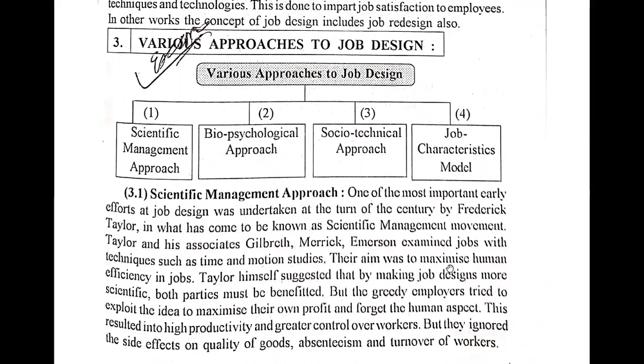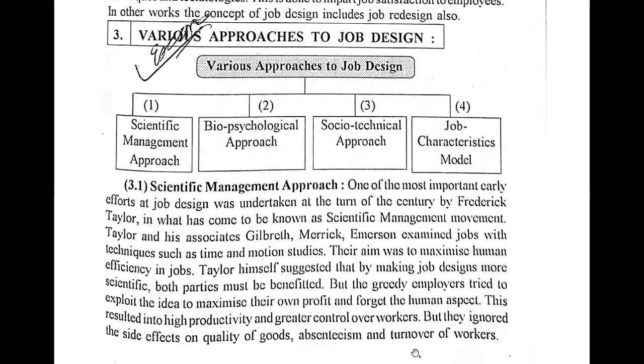Their aim was to maximize human efficiency in the job. Taylor himself suggested that by making job design more scientific, both parties would benefit. But greedy employers tried to exploit the idea to maximize their own profit and forgot the human aspect. This resulted in high productivity and greater control over workers, but they ignored the side effects on quality of goods, absenteeism, and turnover of workers.